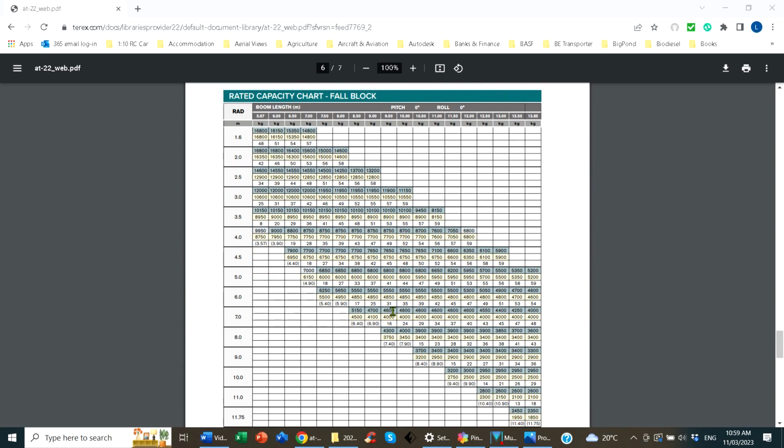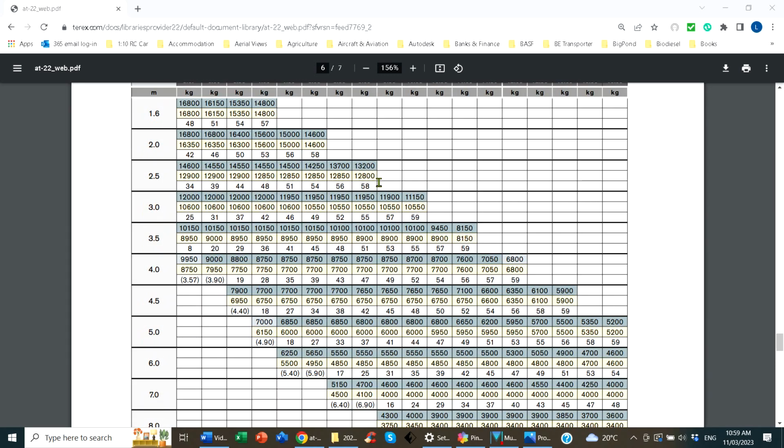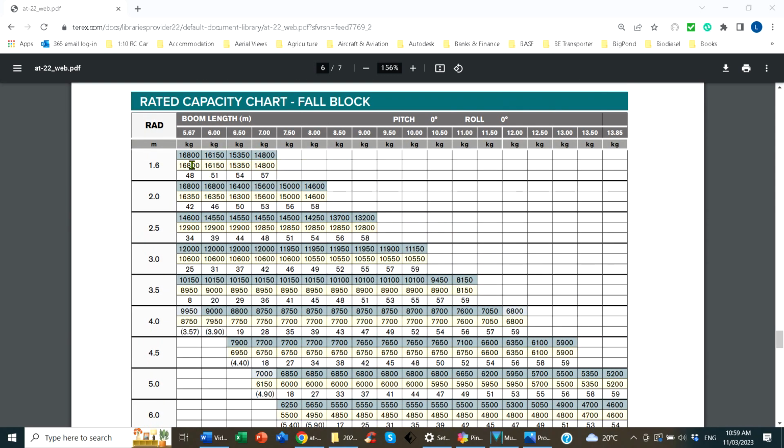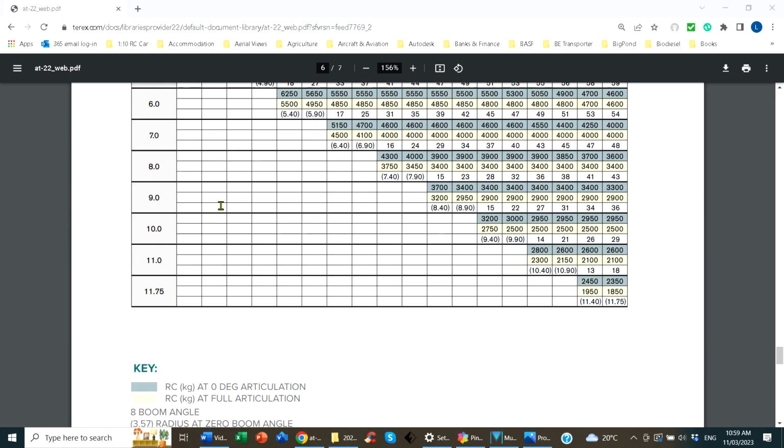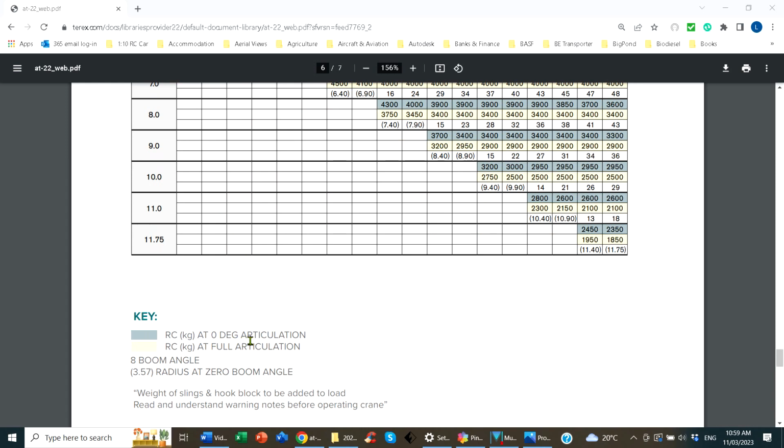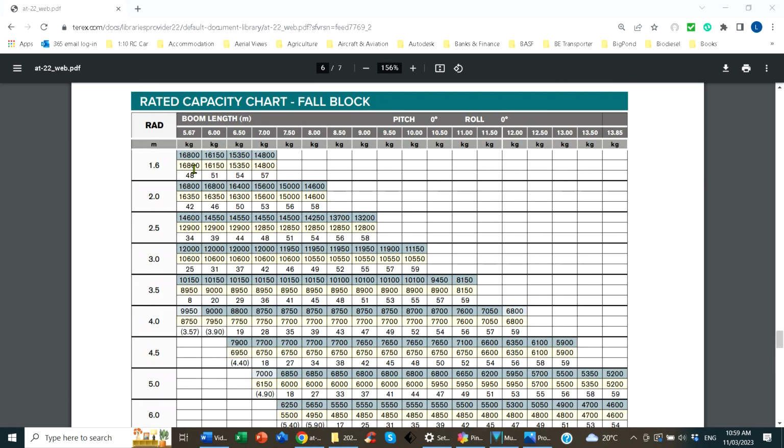And one of the things they're smart enough to do is to show two different ratings. Now the darker colour indicates 0 degree articulation, 0 steering, and the lighter colour is the load rating at the maximum steered angle.